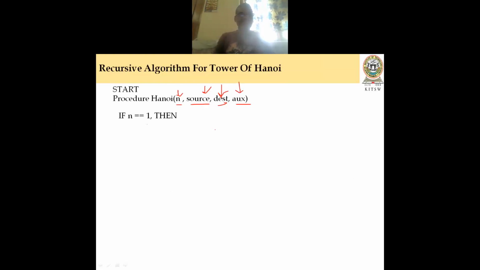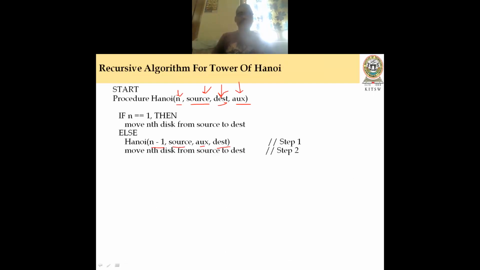So if n is equal to 1, then move the nth disk from source to destination. Else, if n is greater than 1, then we recursively call Hanoi of n minus 1 disks from source to auxiliary, and then auxiliary to destination.